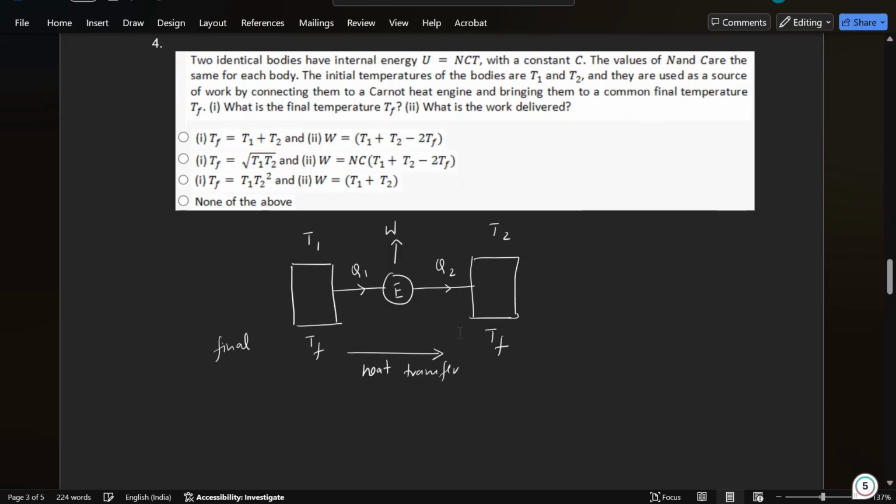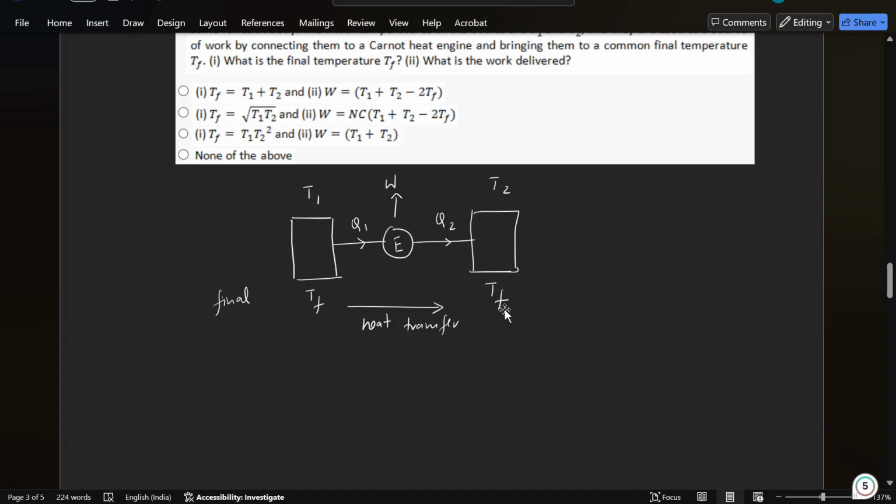Now what they're asking us is what is TF and what is W. These are the two things that we need to find out. And they have given us a few things. First, both bodies have the same mass.